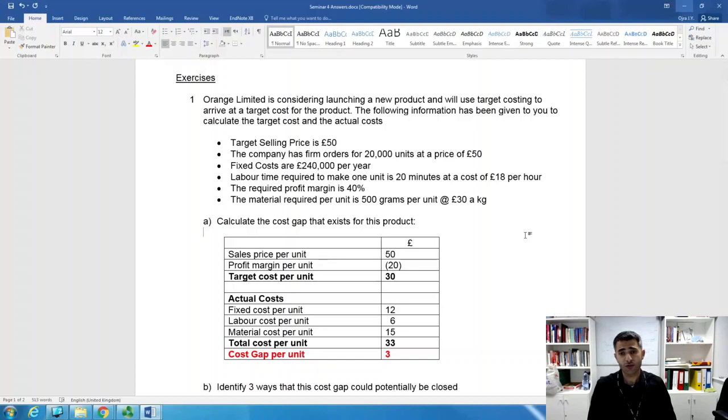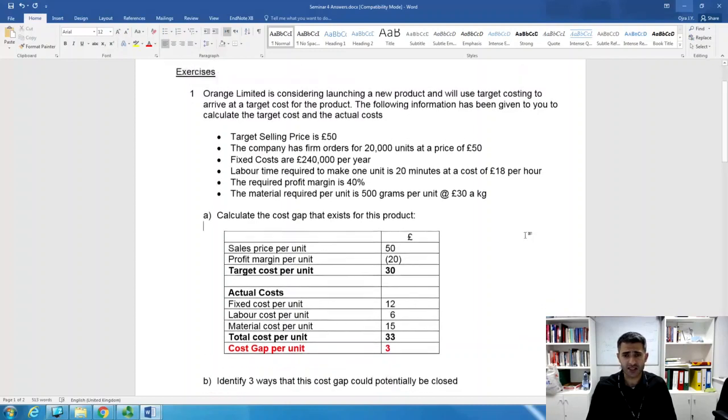Of course, when it comes to the actual cost, or the estimated cost, we need to think: if it's more than £30, this means we have a cost gap, and we need to suggest some ways to close the cost gap. So let's start with the actual cost.